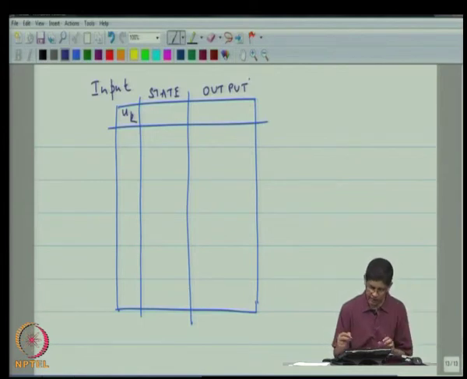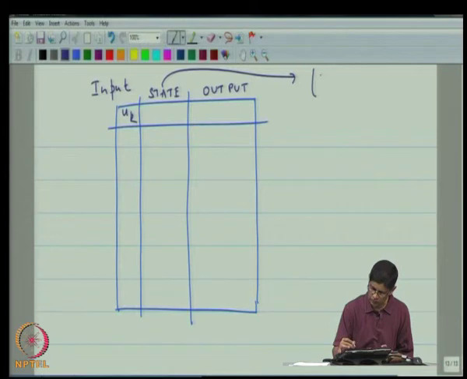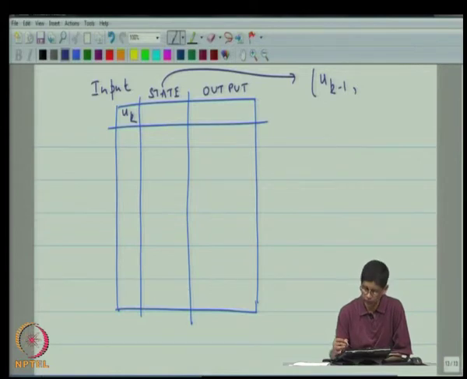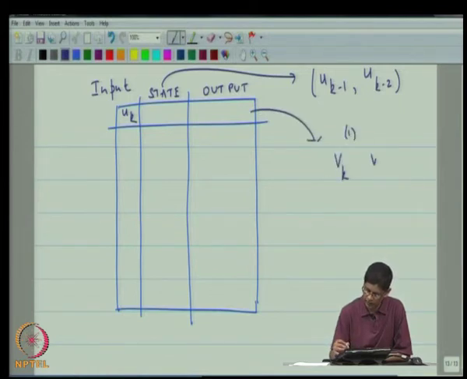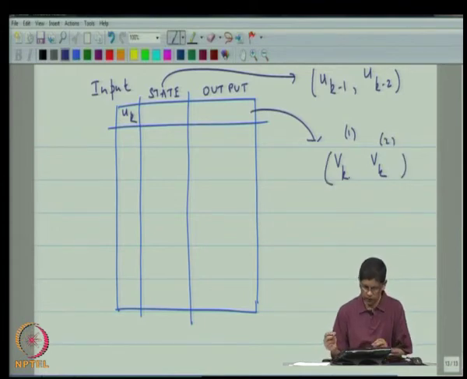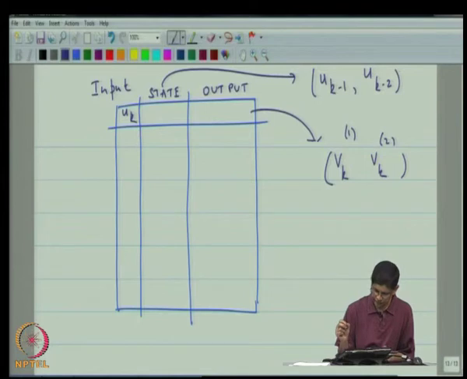Now, the state is really captured by the past two symbols, that is UK minus 1, UK minus 2, and the output is VK1, VK2. So this is what these things will represent.